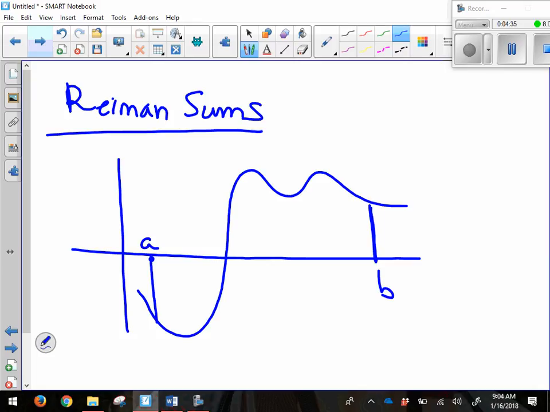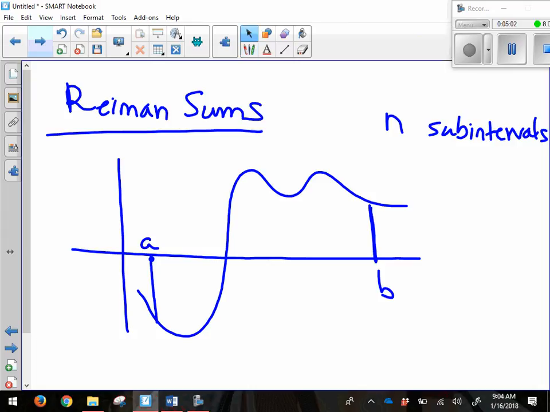And just like we did with RAM, we're going to divide this function into subintervals, n subintervals, by choosing n minus 1 points between a and b. Okay. So if I wanted to have 5 subintervals, I'm going to pick 4 points, right?